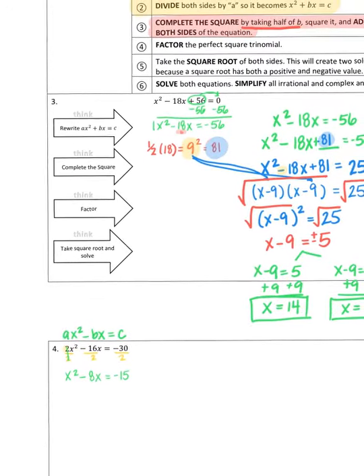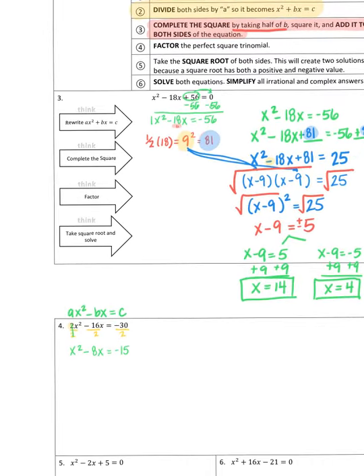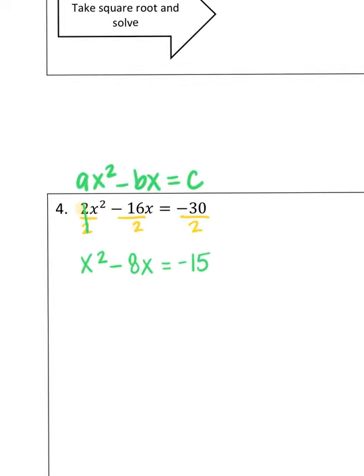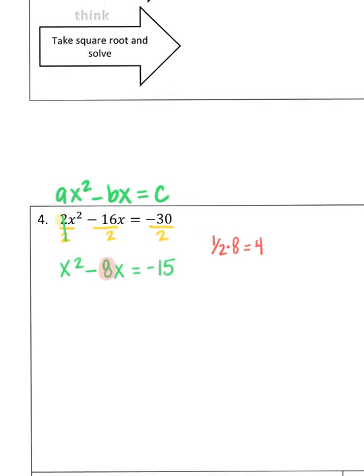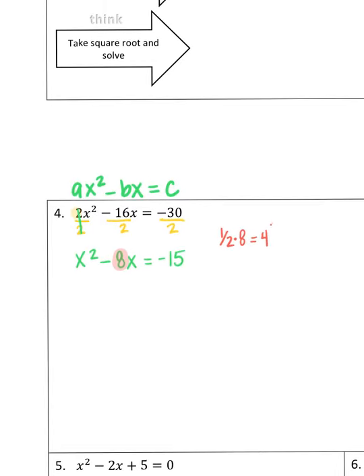So now I'm going to complete the square, and by doing that, I take half of b, which is 8. So I'm going to write that over here. 1/2 of 8 equals 4, or 8 divided by 2 is 4. And now I'm just going to square that, and that equals 16.